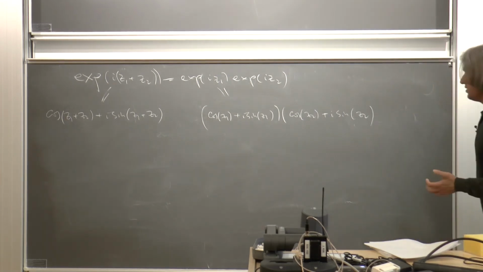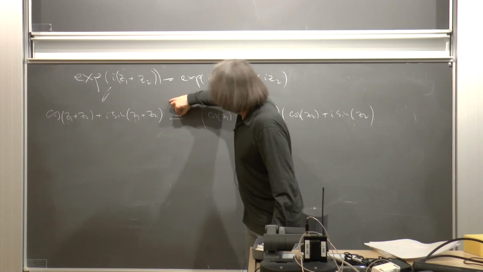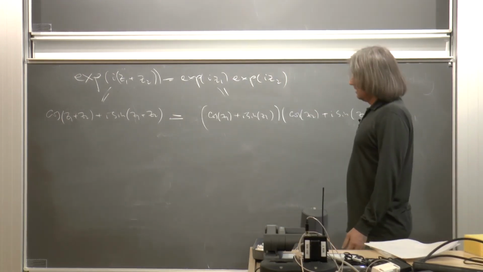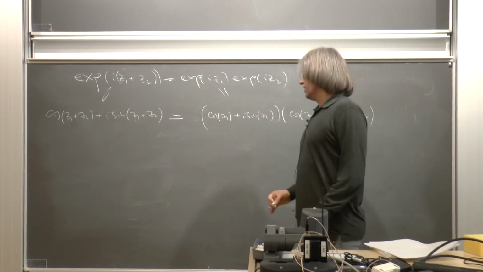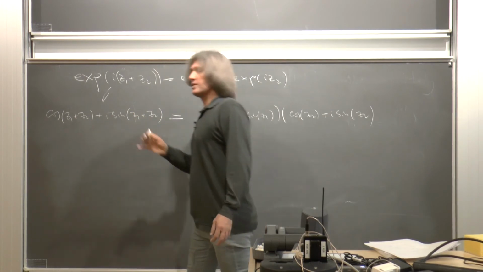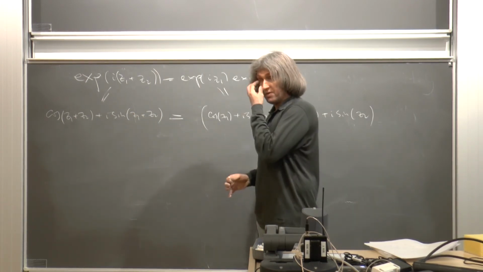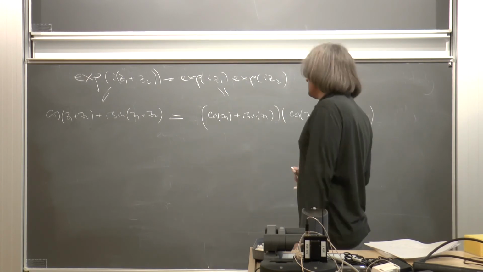And now we know that these two numbers or functions coincide. You can take z1 and z2 real, for example, then this will be the real part and the imaginary part of this function. So then it would be enough to compare real part and imaginary part.